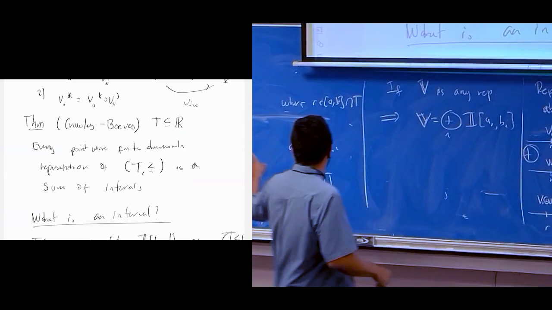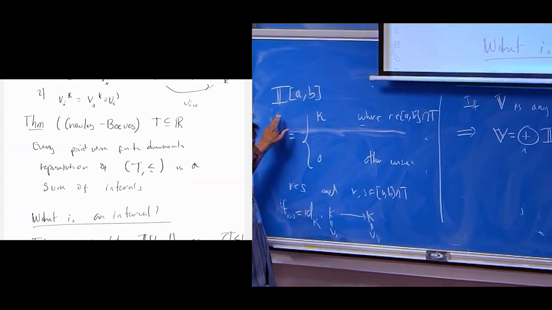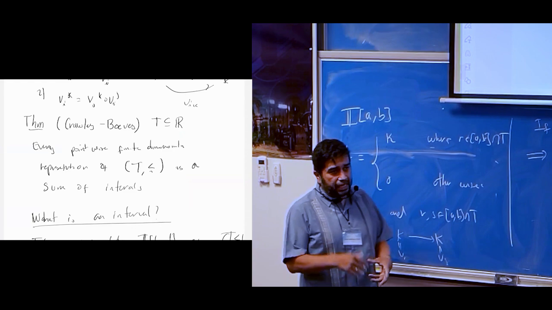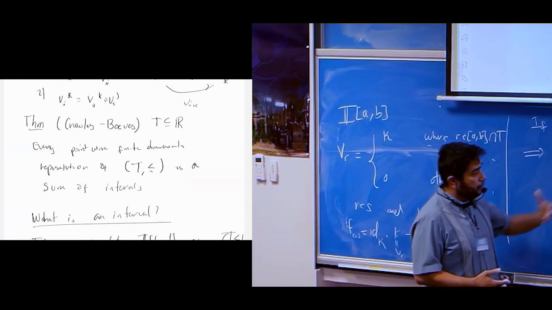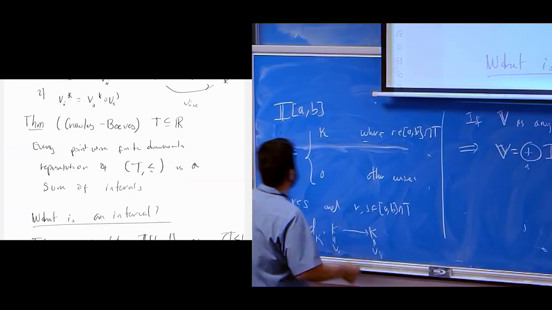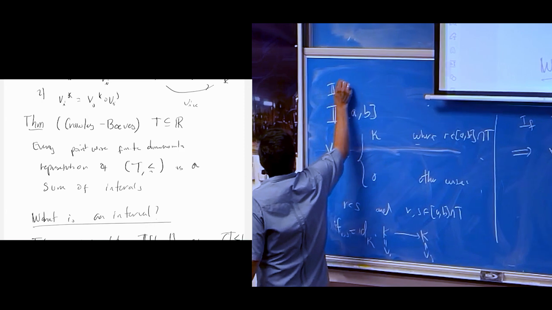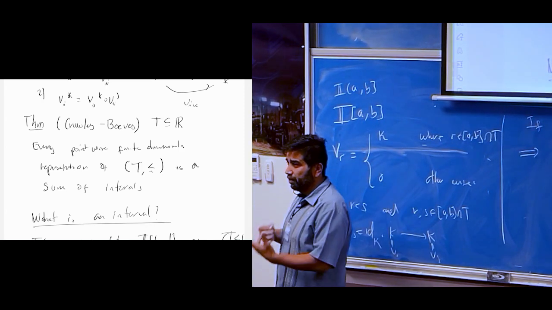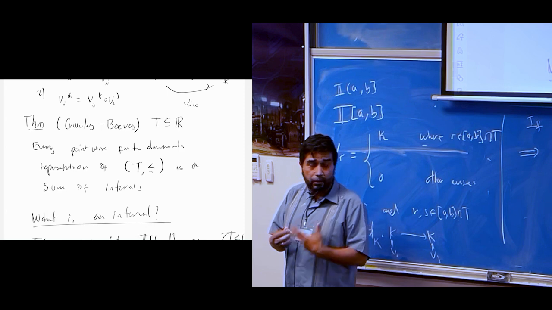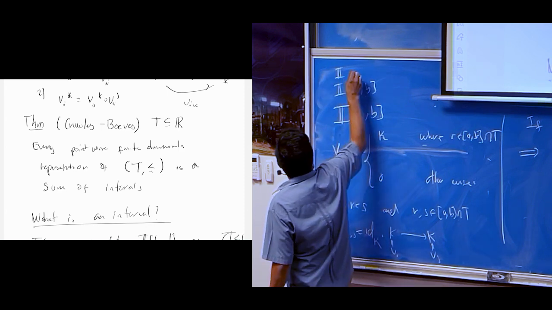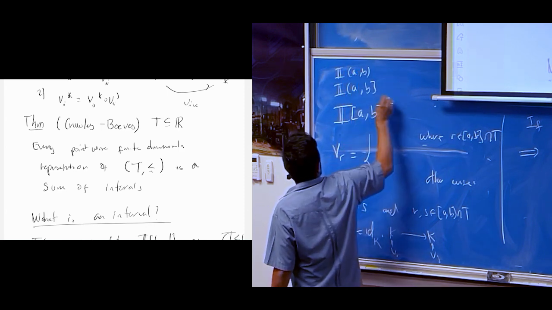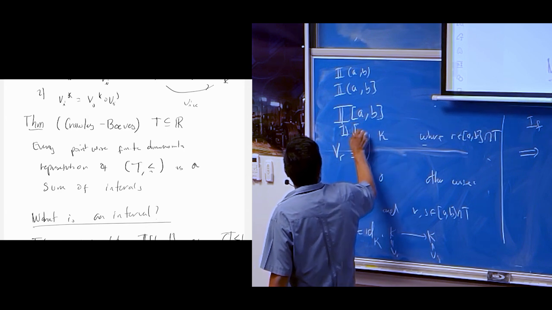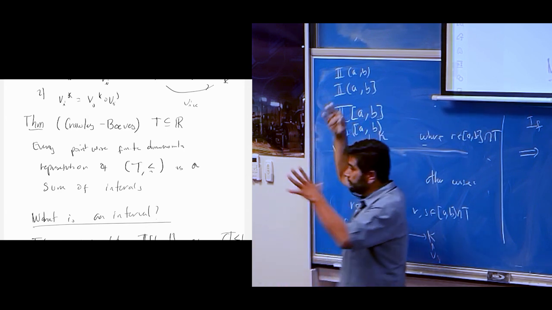Here I'm just skipping some possibilities, because when they said interval, they did not necessarily mean closed intervals. You can also talk about semi-open or semi-closed intervals, or open intervals. They can be closed on one side and open on the other one. Things like that.